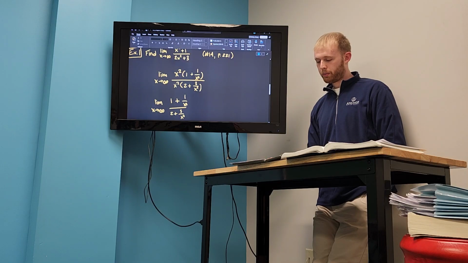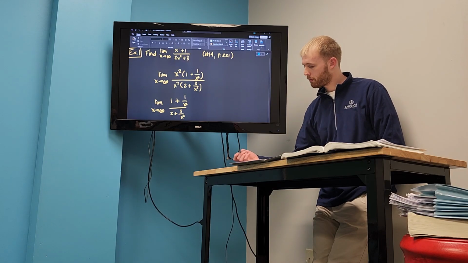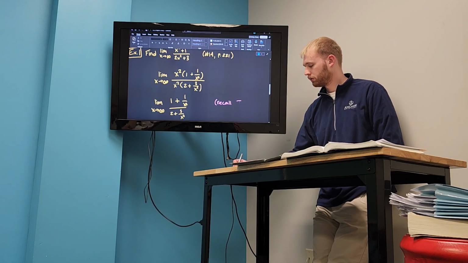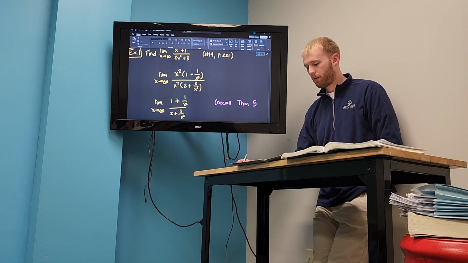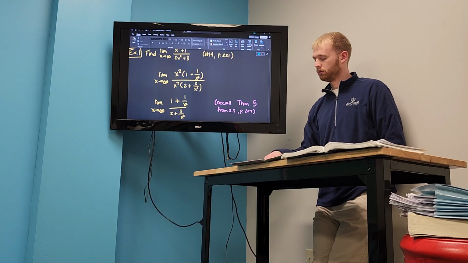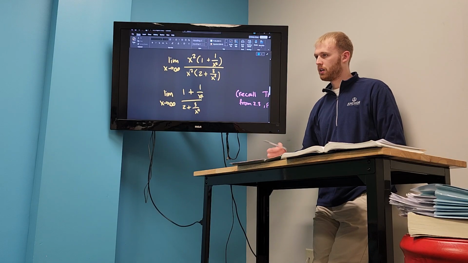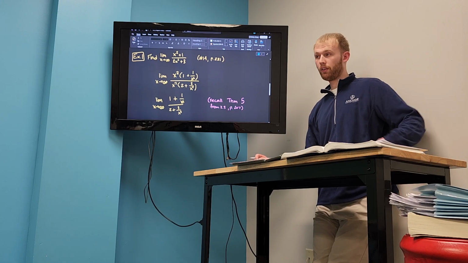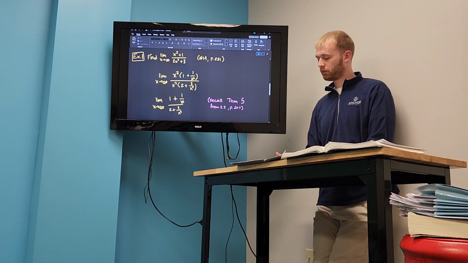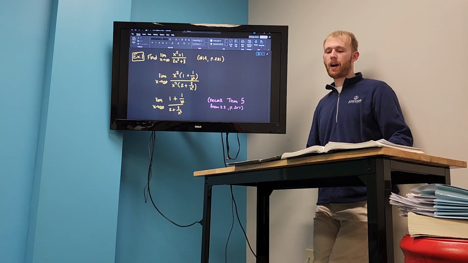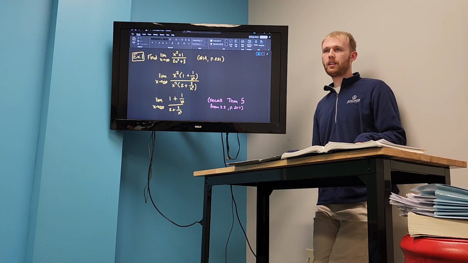Turn in your textbook to page 107. Okay, and then quickly get caught up on it. The theorem on page 107, theorem 5, tells us things that we can do with limits.